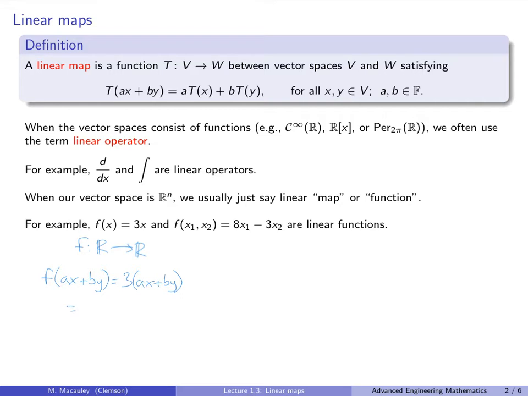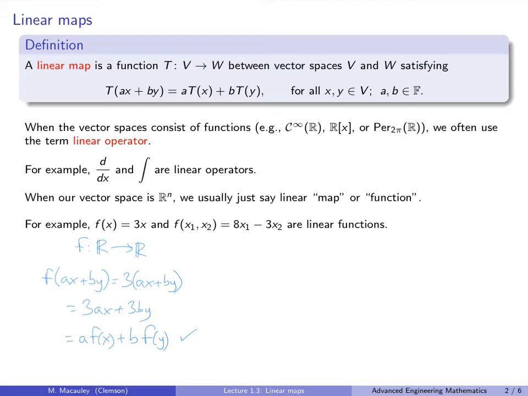And now we can write this as 3ax plus 3by. And now we can write this as a times 3x, which is f of x, plus b times 3y, which is f of y. So indeed, this linearity condition holds.